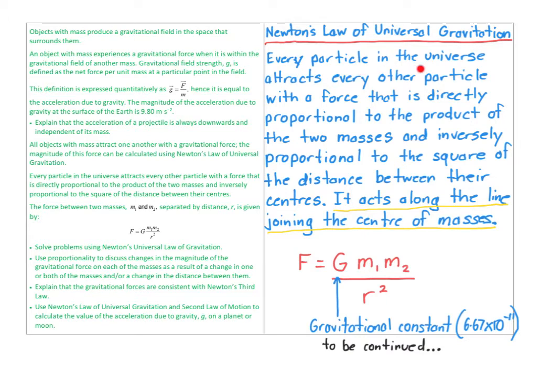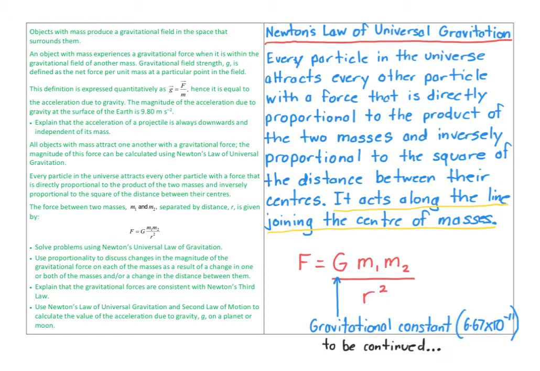Every particle in the universe attracts every other particle with a force that is directly proportional to the product of the two masses and inversely proportional to the square of the distance between their centres. It acts along the line joining the centre of masses.